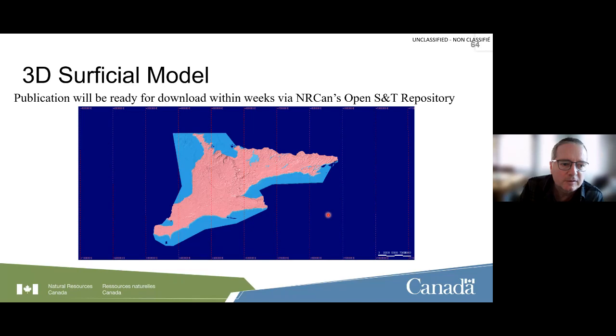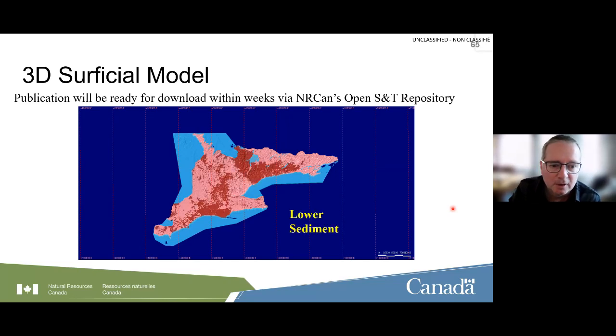So the superficial model has just recently been completed and is in the publication process. It should be ready for download and viewing within weeks, hopefully, through the NRCan's new Open SMT repository, formerly GeoScan. And so here's a sneak peek at the main superficial layers.